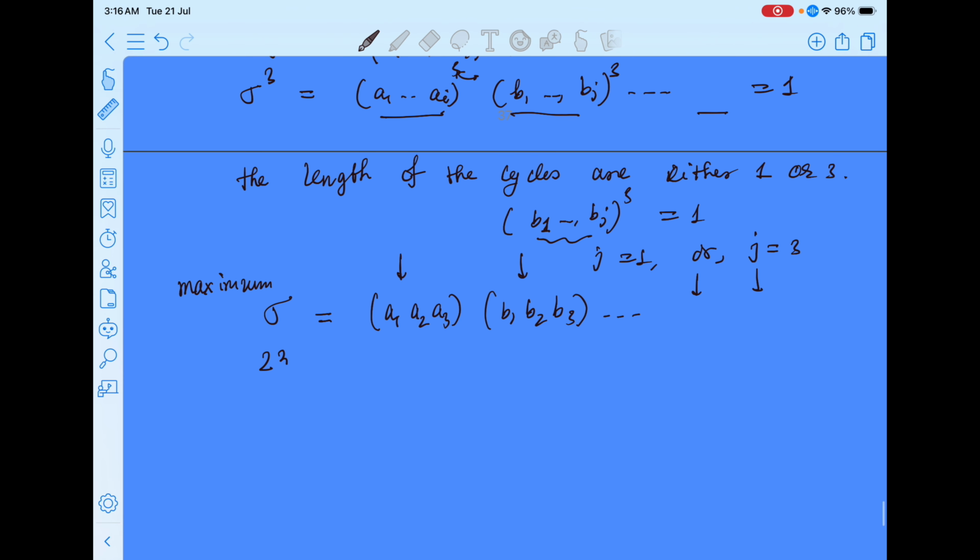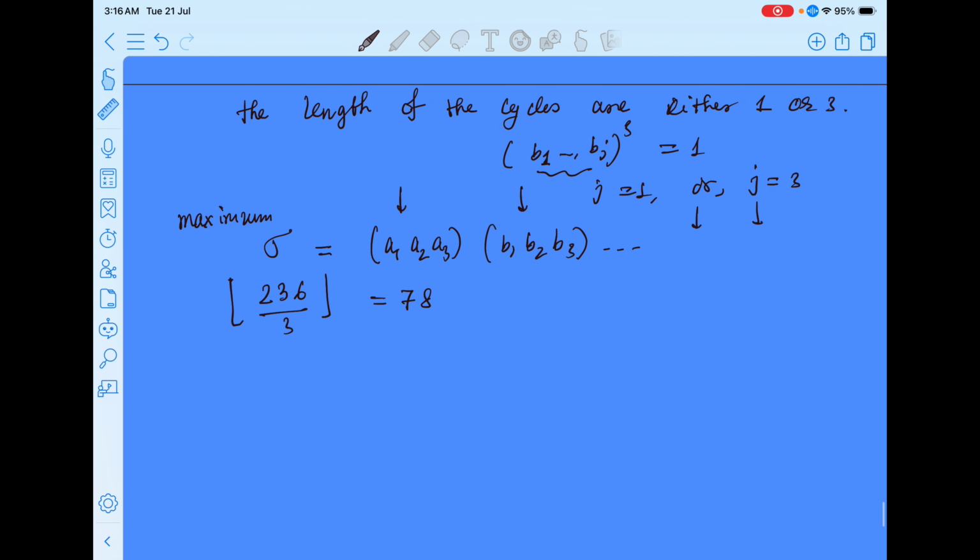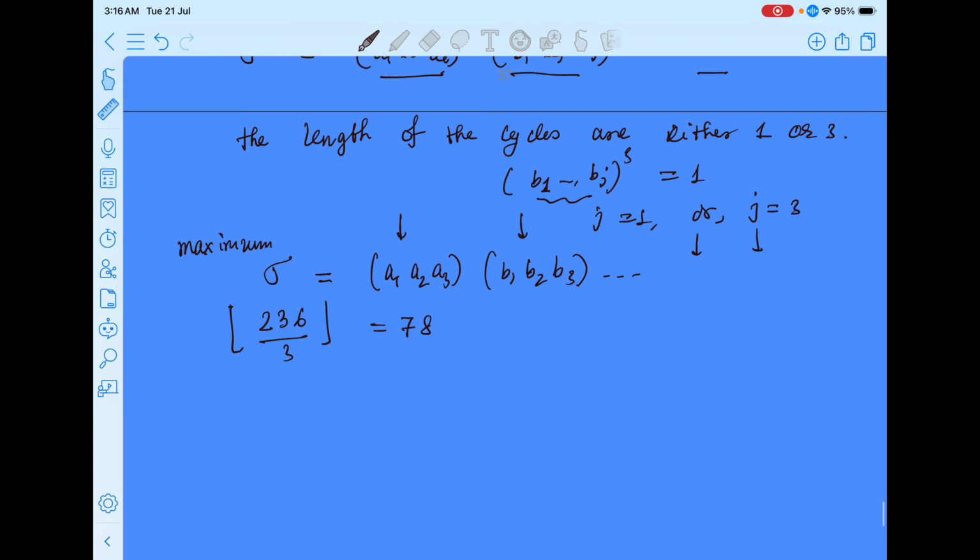So this is 236, and you have to divide it by 3, then you will get the maximum number of cycles allowed here. So the greatest integer of 236 divided by 3 is 78, right? It is 78. So that means sigma has 79 possibilities, I mean length.